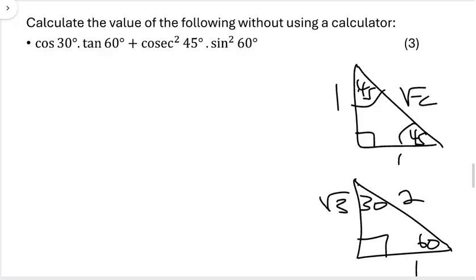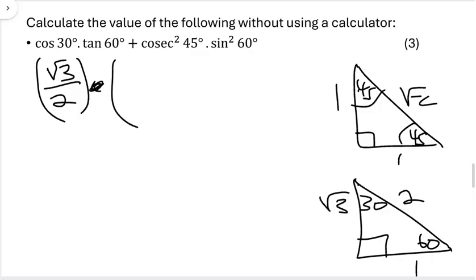Okay, so cos of 30 degrees is adjacent, which is square root 3 over 2, bracket, times tan of 60, opposite, which is square root 3 over adjacent, which is 1, plus cosec squared.